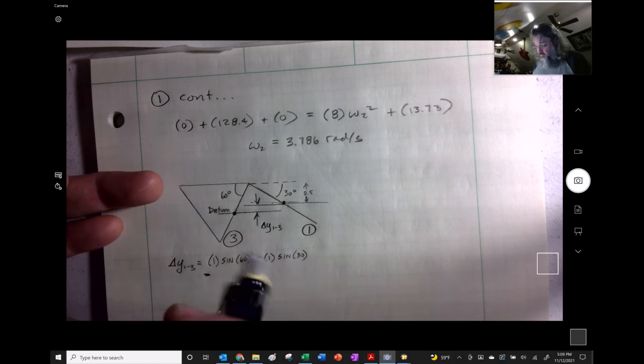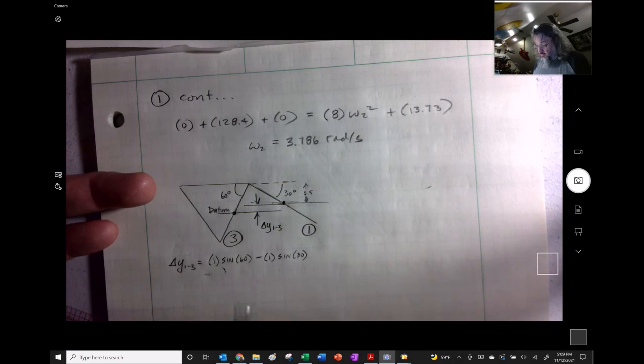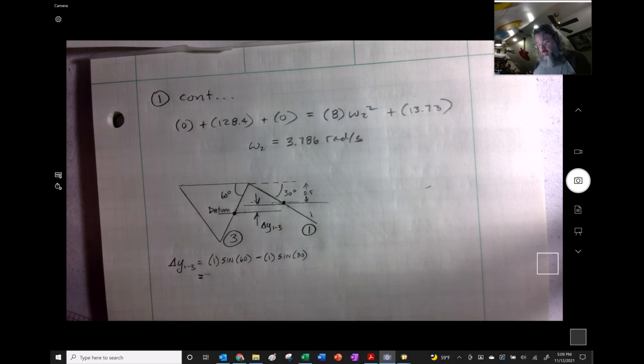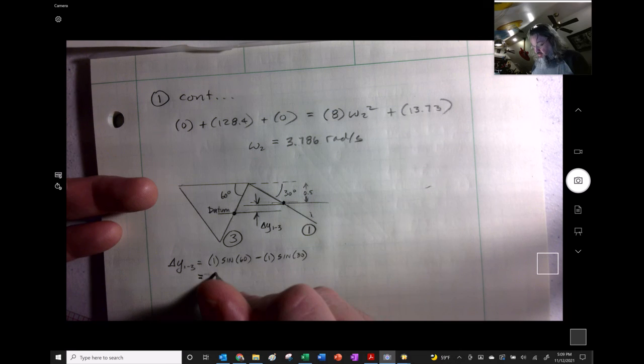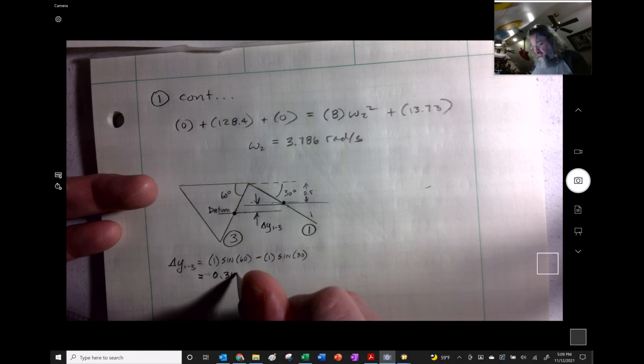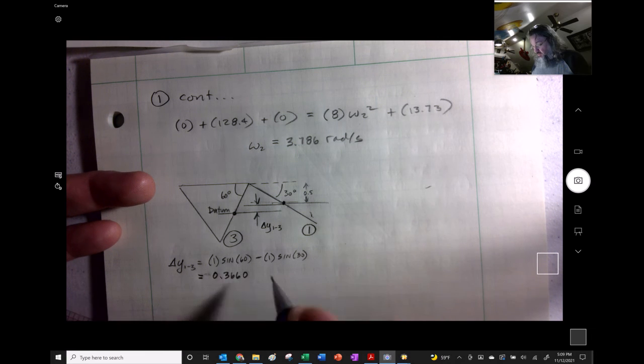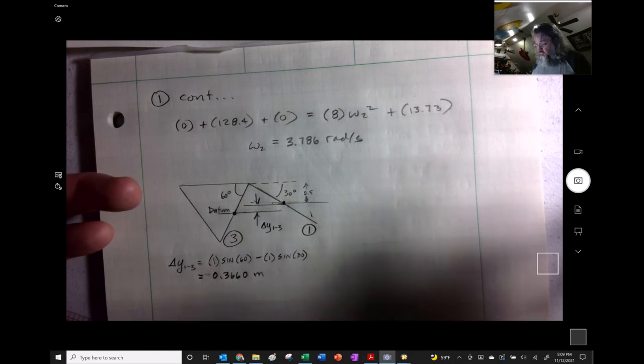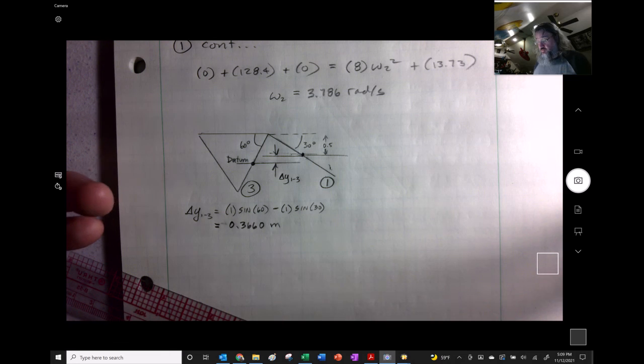And it's supposed to be an equal sign. And we get 0.3660 meters, right?